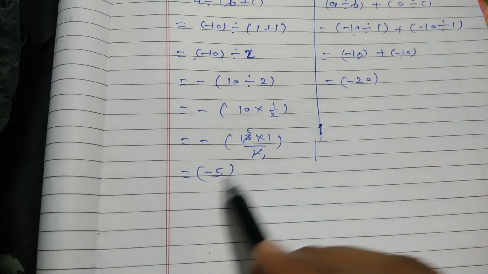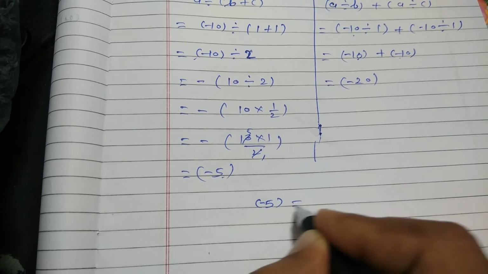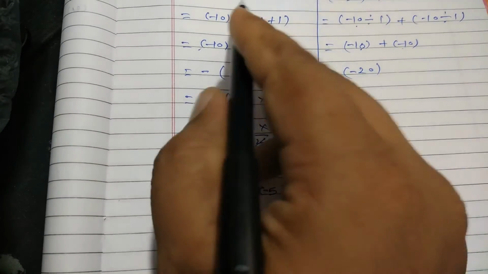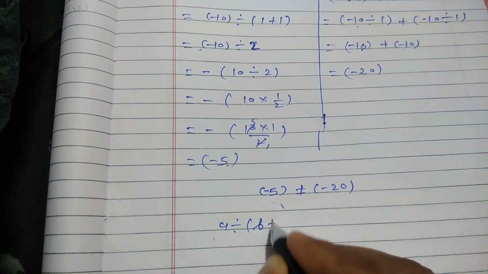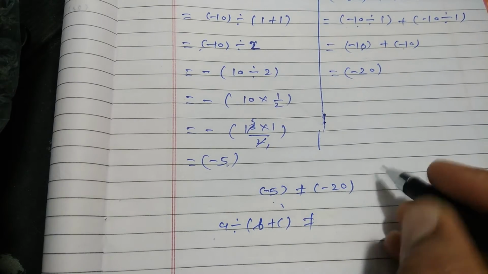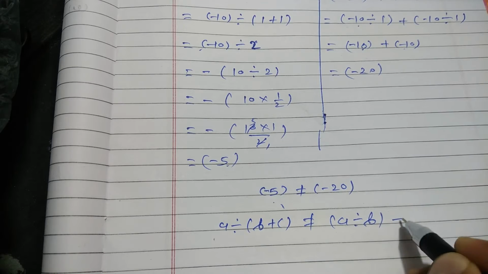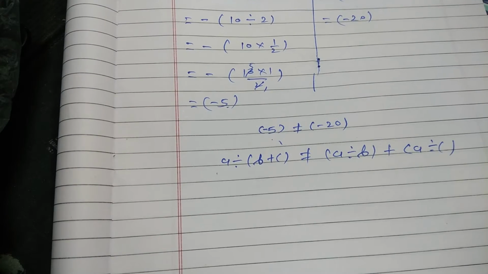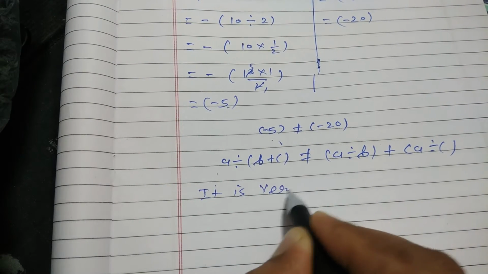And here we can see that minus 5, which stands for A divided by the bracket B plus C, does not equal minus 20, that is A divided by B plus A divided by C, and therefore it is verified.